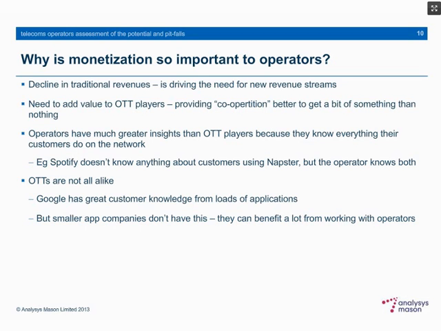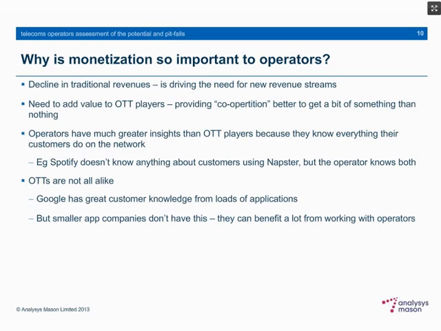So understanding your data and having a fuller data set than the over-the-top players is one way of providing a value add to various partners, and indeed for your own usage, that over-the-top players would struggle to do. And of course, you get a complete view from that. The example here is that Spotify doesn't know anything about the network's customers and vice versa. But of course, the operator can do that. The operator has the ability to know completely what's going on on the network.